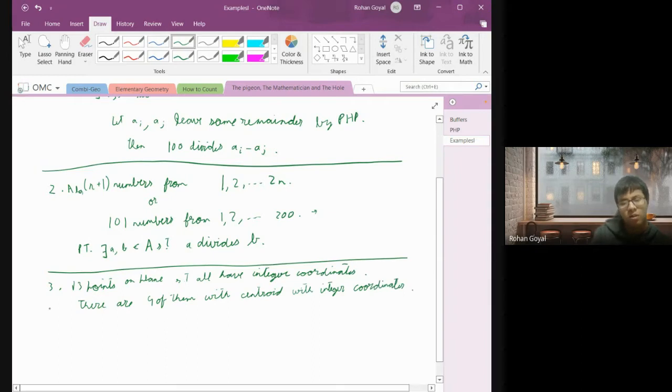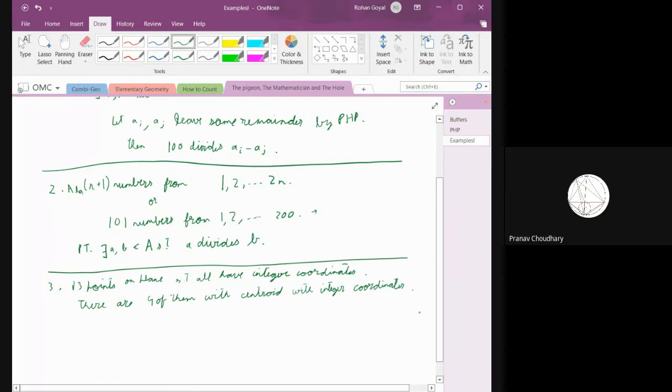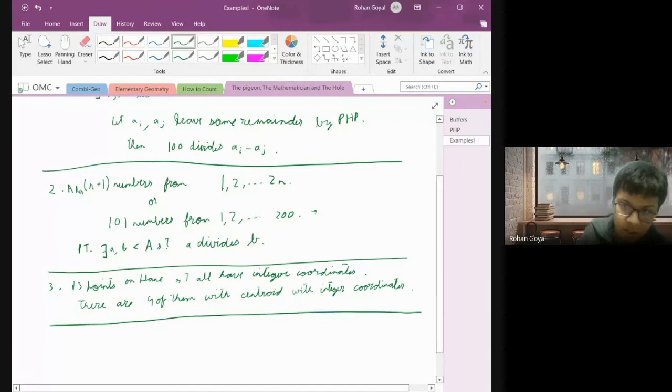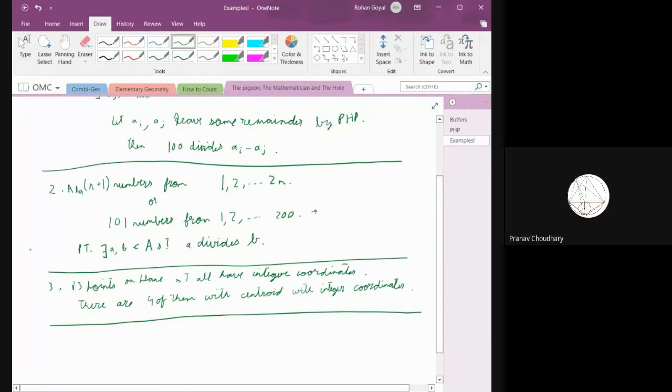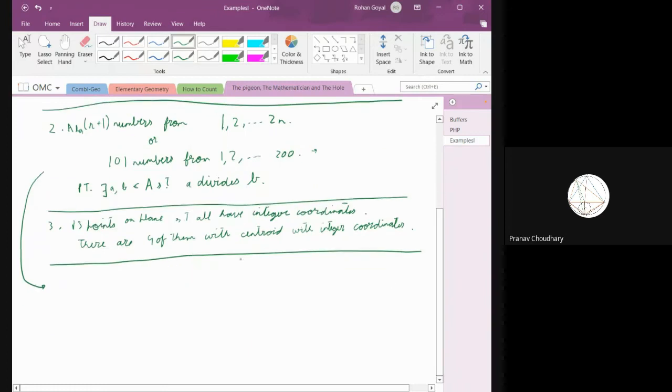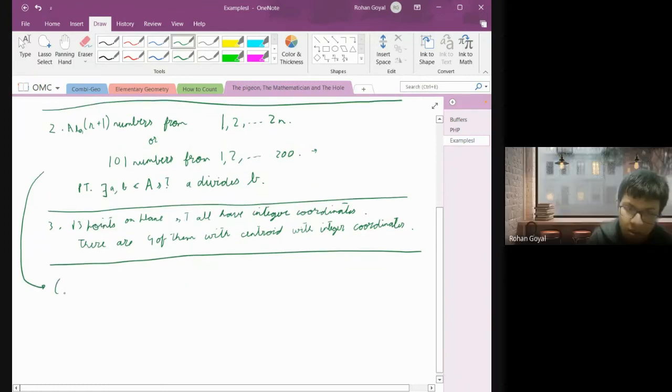Okay, go on. I have an idea for P2. We consider the number of pairs such that one divides the other. We count the number of pairs. How do you count this? This sounds very hard.